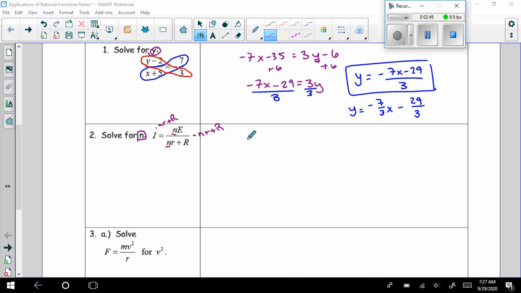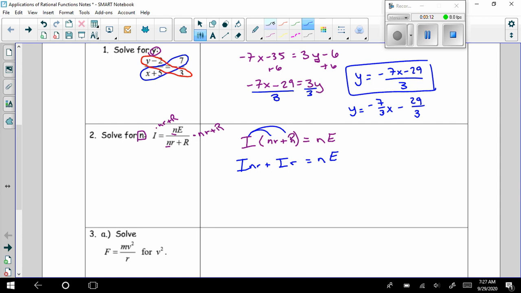So I end up with I times nr plus r is equal to, oops, lowercase n e. So I'm just going to distribute through here. So I have I n r plus I R equals n e.